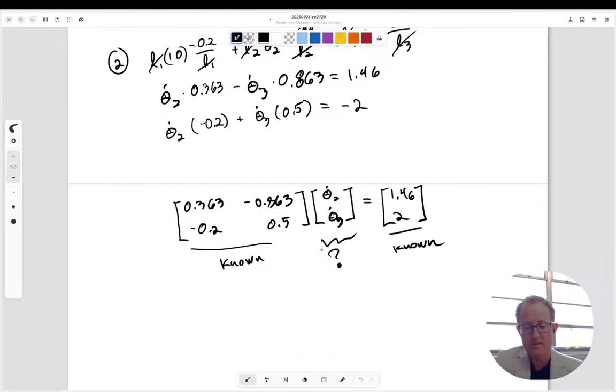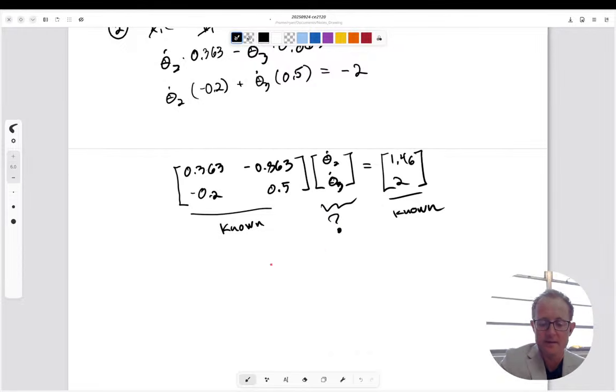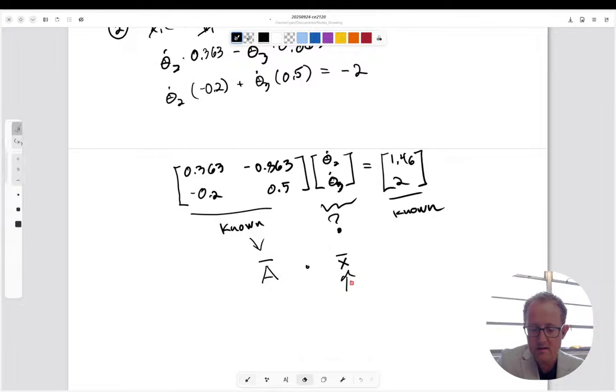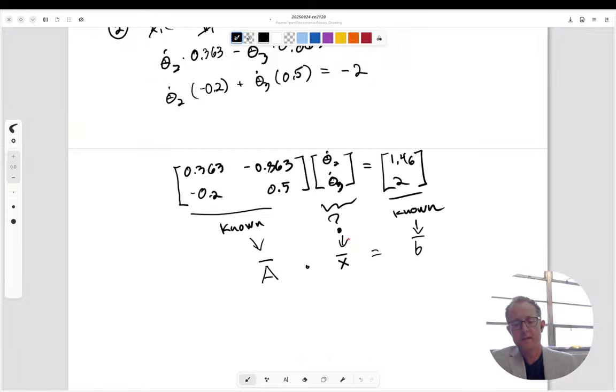solutions to this linear algebra problem, because what I did was say A times this known A times this unknown X equals a known B. And you can solve this by, you could invert the matrix, or really better is Gaussian elimination to solve for theta 3 dot and then solve for theta 2 dot.